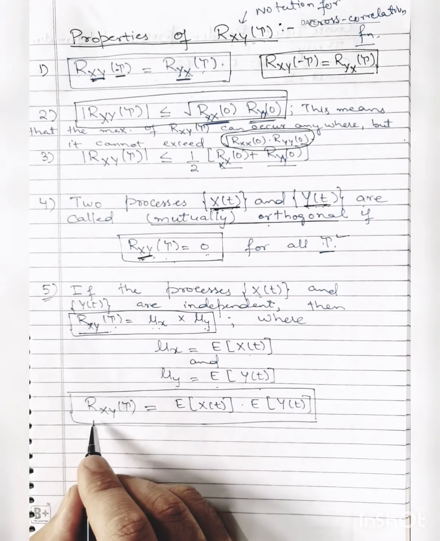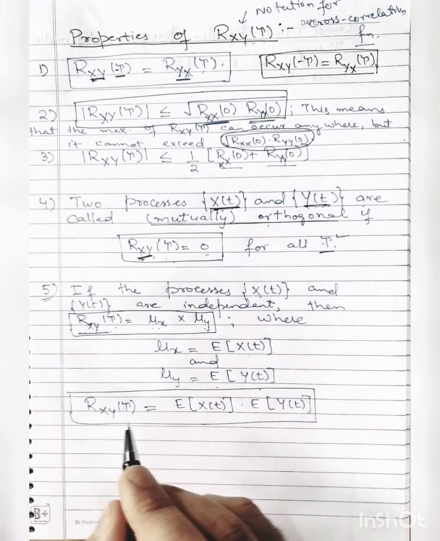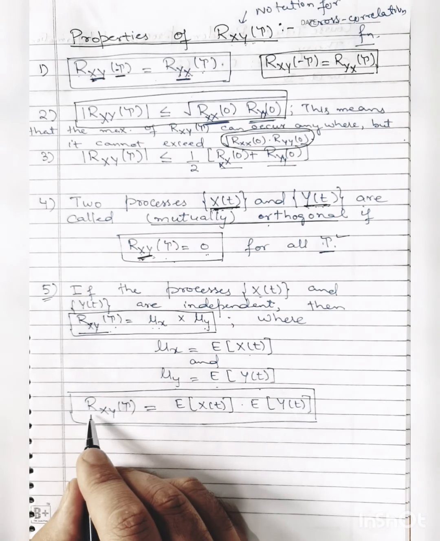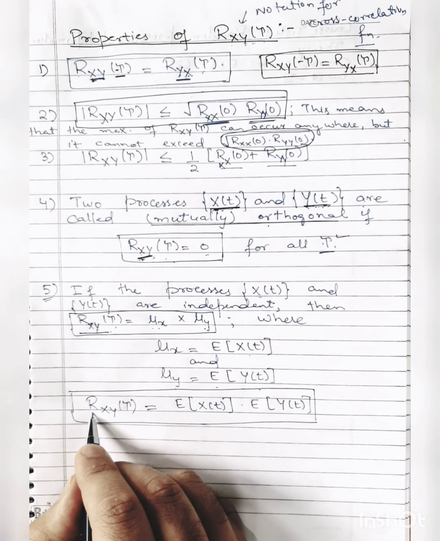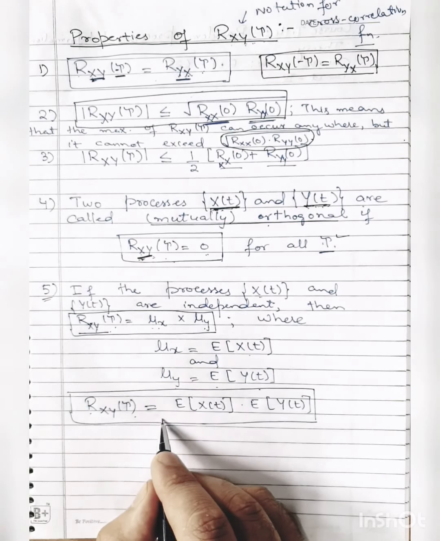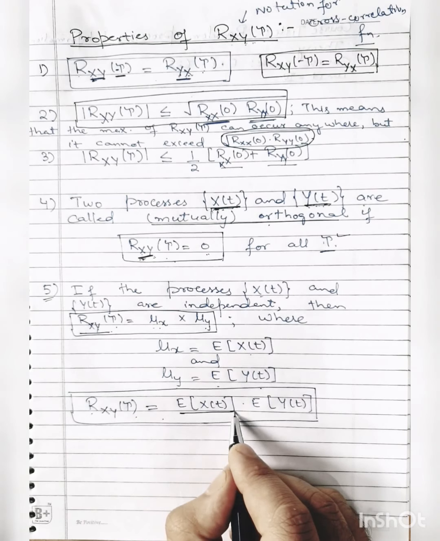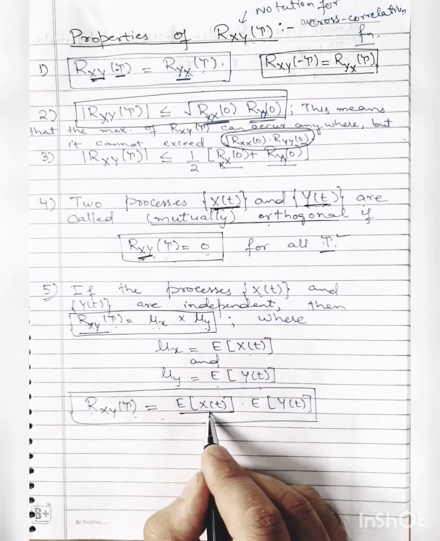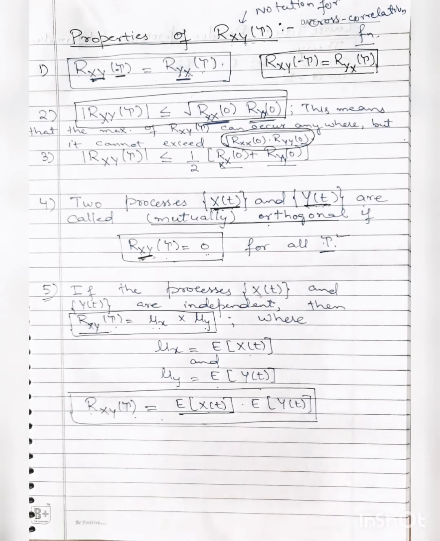So if the two random processes are independent, the cross correlation function Rxy(tau) is the product of the expectation of x and the expectation of y. These are the properties which I have written here.